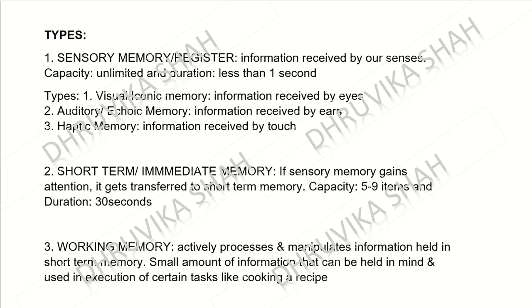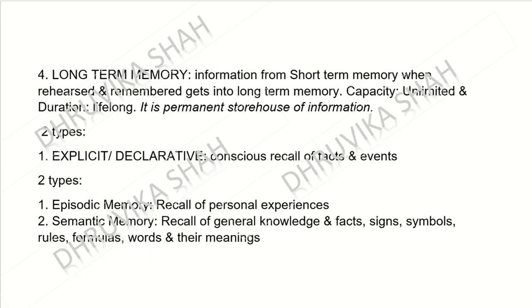This is a very small amount of information that can be used in execution of certain tasks, such as cooking a recipe. This is generally used while we are doing some activity.